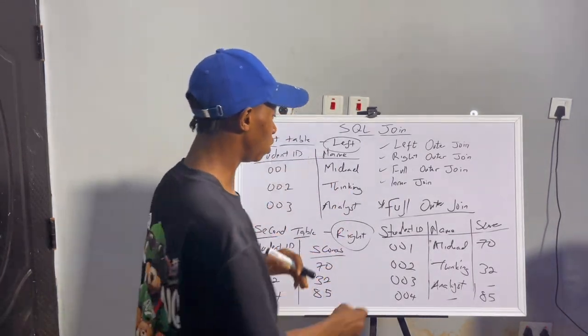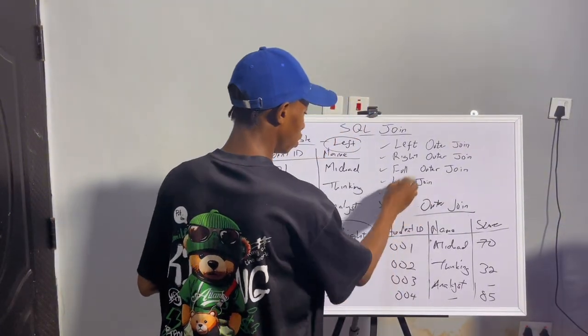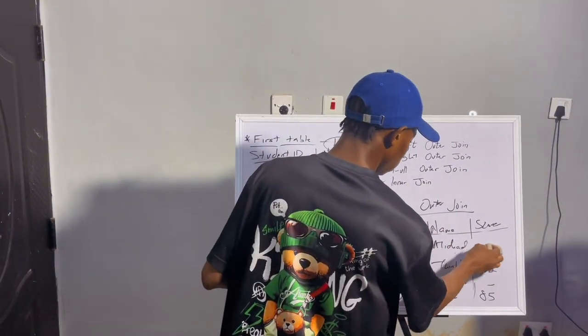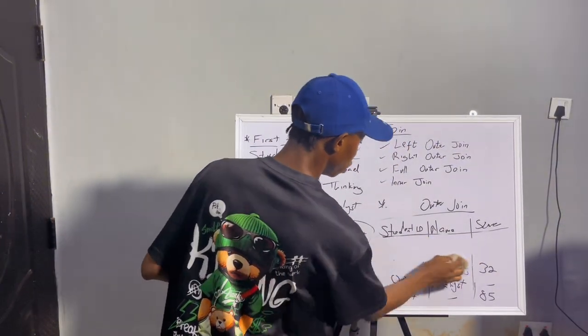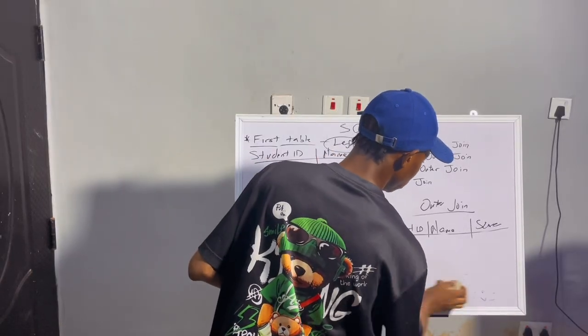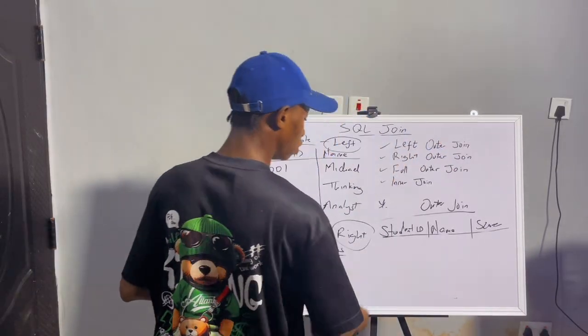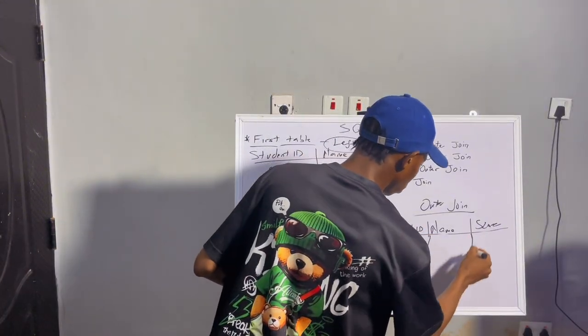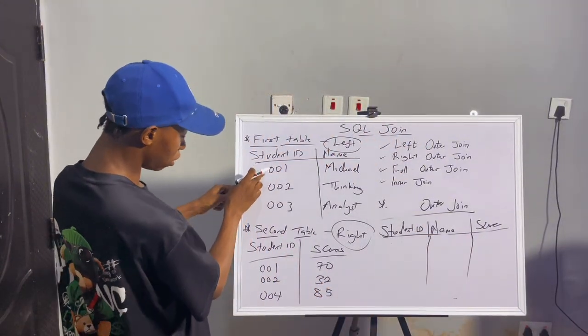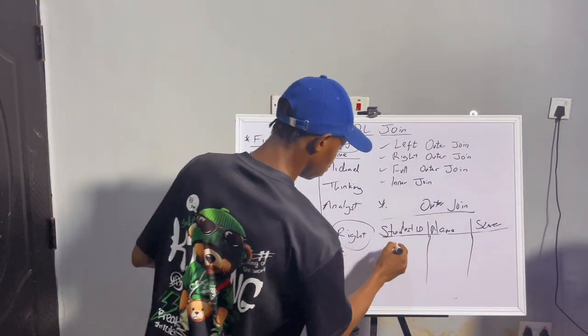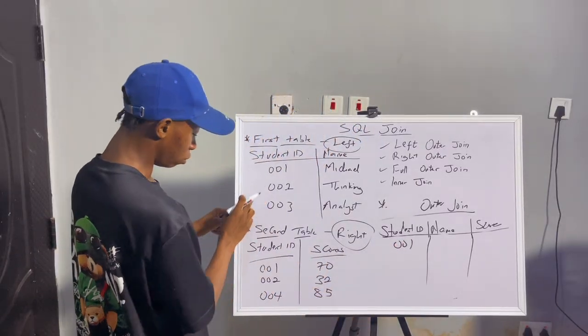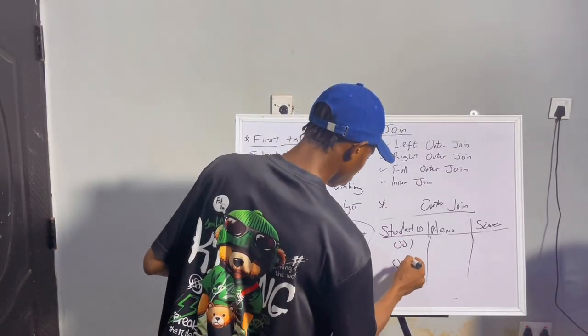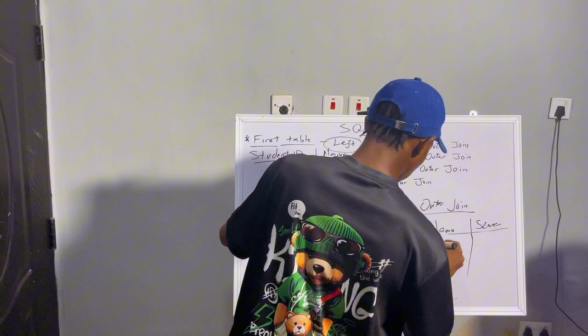So what is our expected result if we are making use of inner join? Inner join means that we only want to return the result that both tables have in common, which is they have 001, 001, 002, 002. What is the name, Michael?